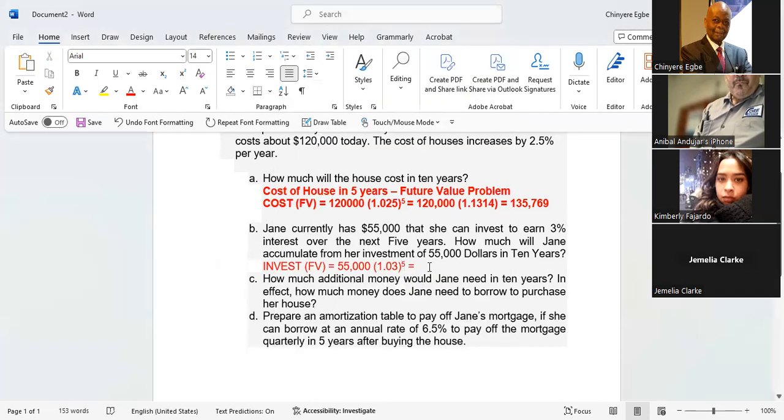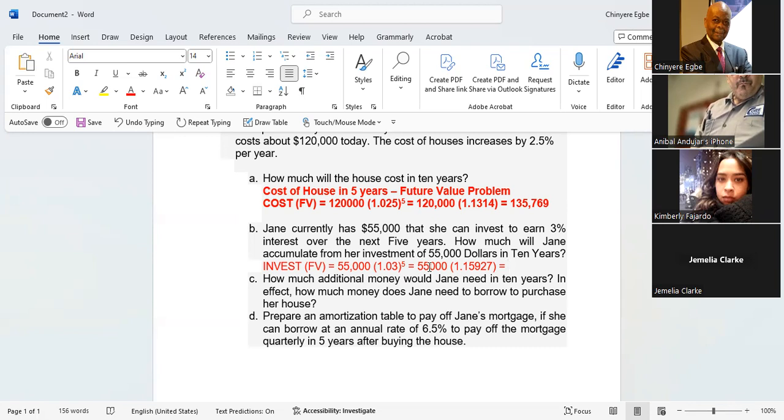All right. So what is 1.03 to the power 5? 1.159. 1.15927. That is 55,000 times 1.15927. And that should be equal to how much? 63,760.07.